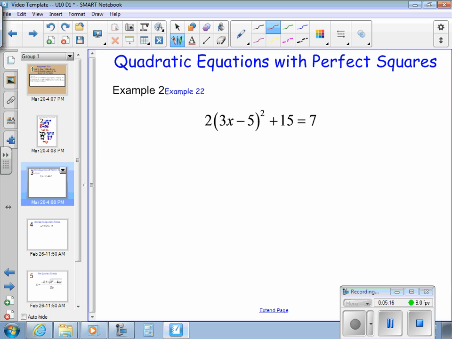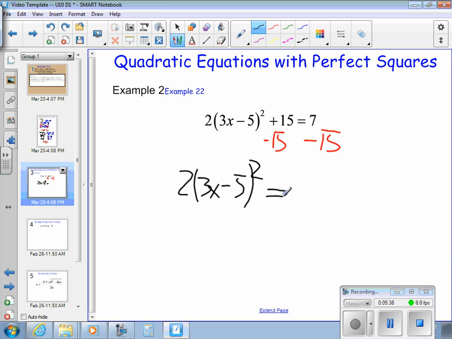Okay, so same thing. We're going to subtract 15 from both sides of the equation. And when I do that, I'm going to get 2 times 3x minus 5, that quantity squared, equals negative 8.